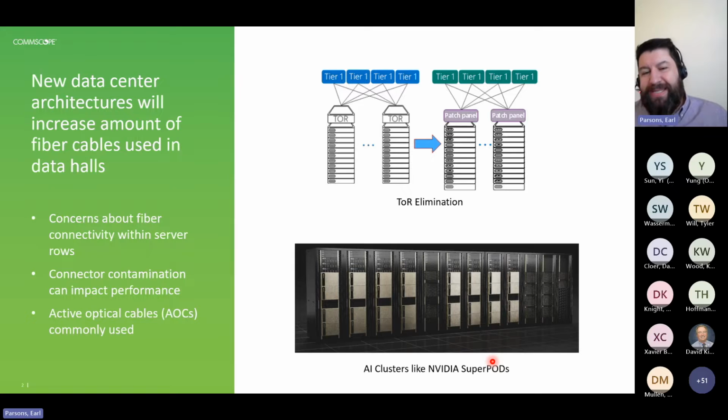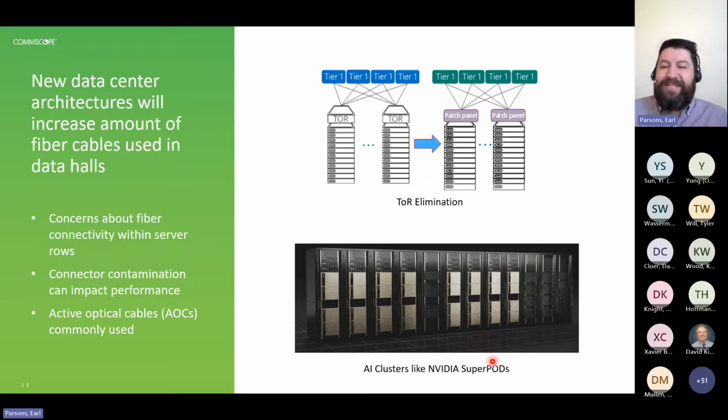So if we want to connect these servers directly to the switch with fibers, there are some concerns about how the fiber connectivity is going to be handled. As we know, you have to be very careful with fiber connectors because they have to be clean, properly polished, and well maintained to get good performance.